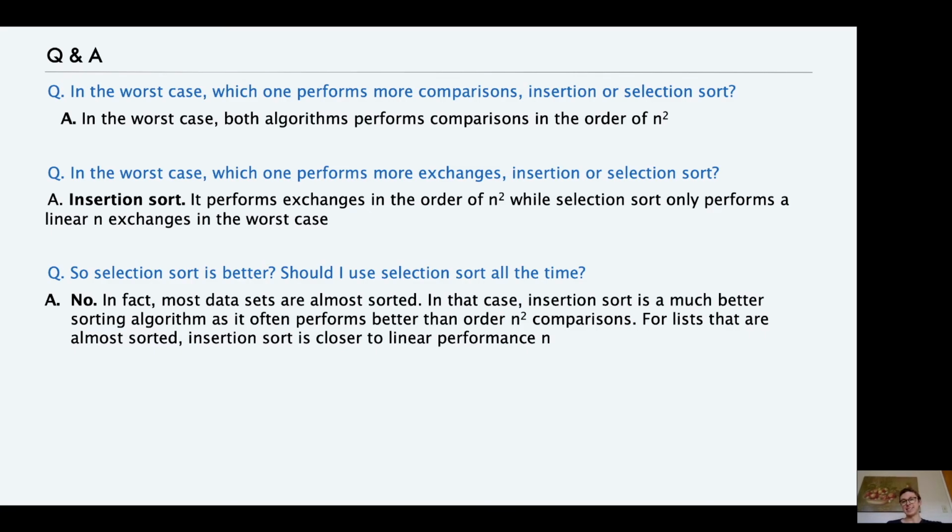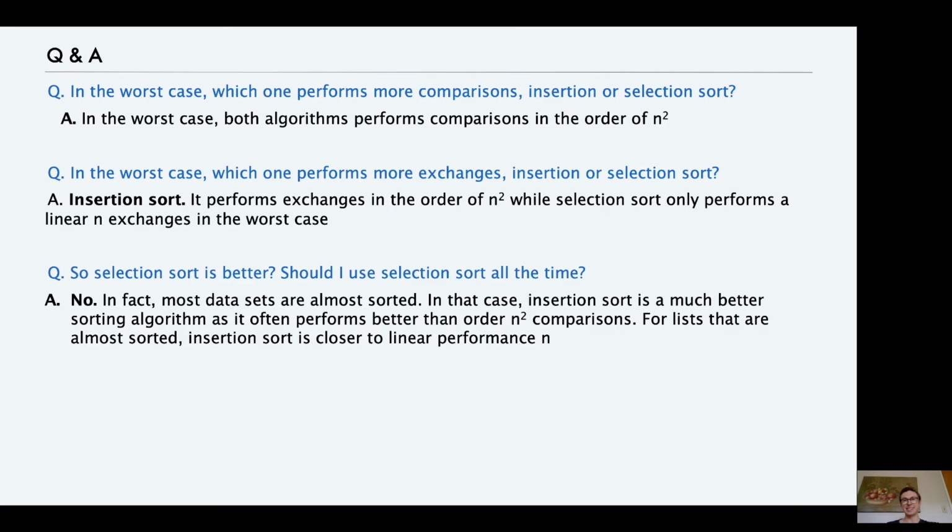The reason for this is that while in the worst case insertion sort is n squared, that often doesn't happen in practice, because often data sets are sorted, at least roughly, in the real world. So it's often the case that insertion sort performs way better than n squared comparisons. In fact, for lists that are almost sorted, insertion sort is closer to a linear performance, only taking n comparisons.